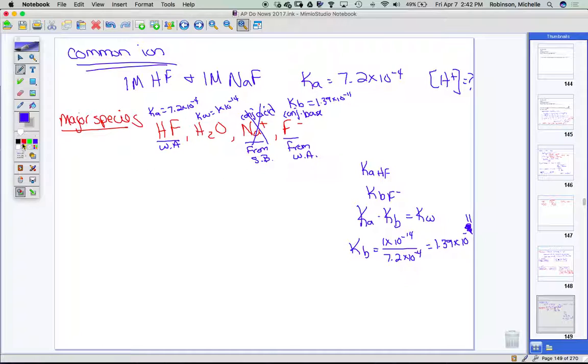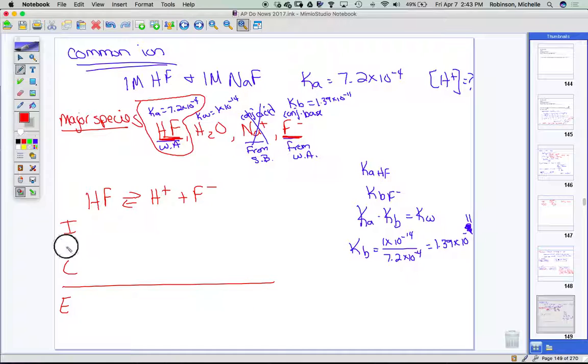Which one's bigger? Ka. So this is what's going to affect the pH. The only thing is, this ion is in common with that, right? Because when I write the equilibrium for HF, I get H plus and F minus. The only difference is it's just not 0 at the beginning, right?